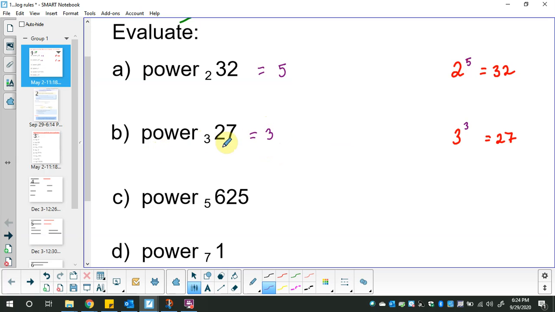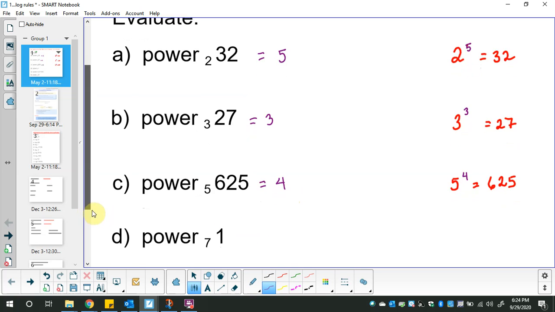So this question is asking you, what is the exponent on 2 that gives you 32? What is the exponent on 3 that gives you 27? In this case, what is the power on 5 that gives us 625? So guess and check, guess and check, guess and check. Remember, they are looking for pretty answers, or I will look for pretty answers, and that answer would be 4.